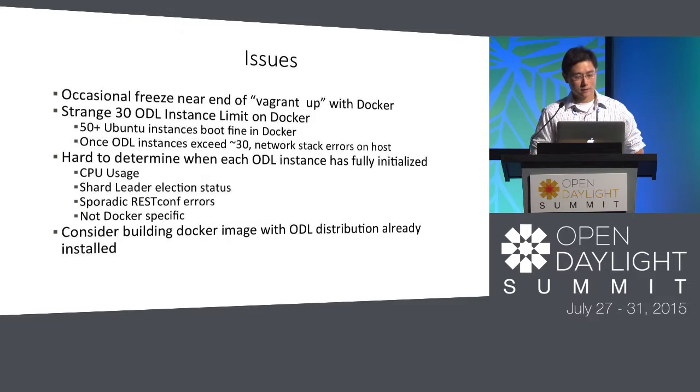Sometimes it'll come back up normal, and sometimes I have to restart it again. Like I said, these are not Docker specific. These are also observed when I try it on VirtualBox. Basically, I end up having to do all these three tests before I can confirm that the cluster is actually fully up and running.